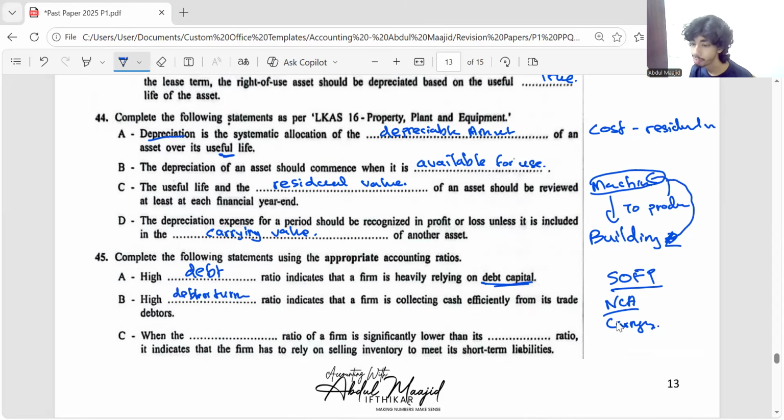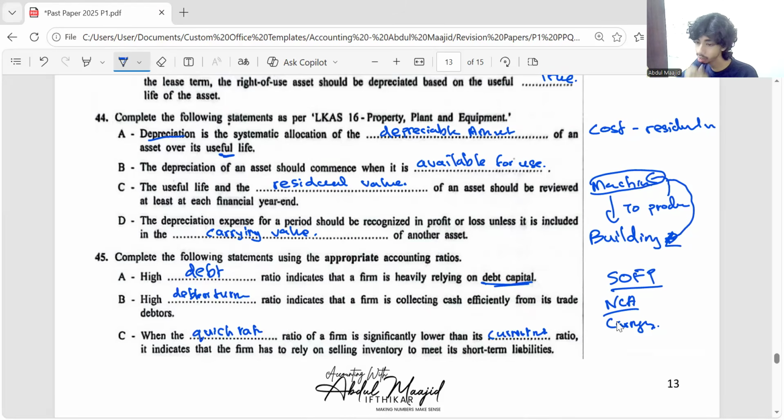C. When the blank ratio of a firm is significantly lower than its blank ratio, it indicates that the firm has to rely on selling inventory to meet its short-term liability. Here, it is when the quick ratio is relatively lower than the current ratio.